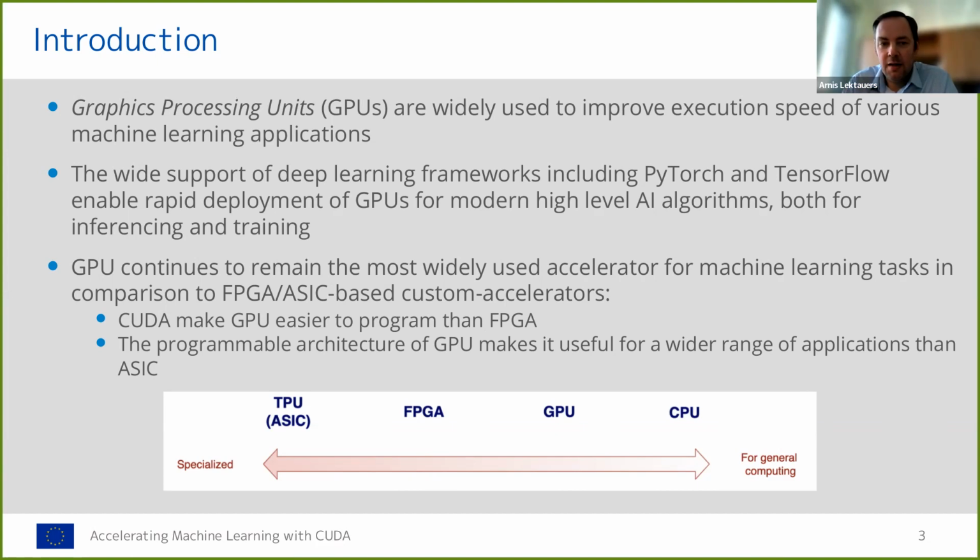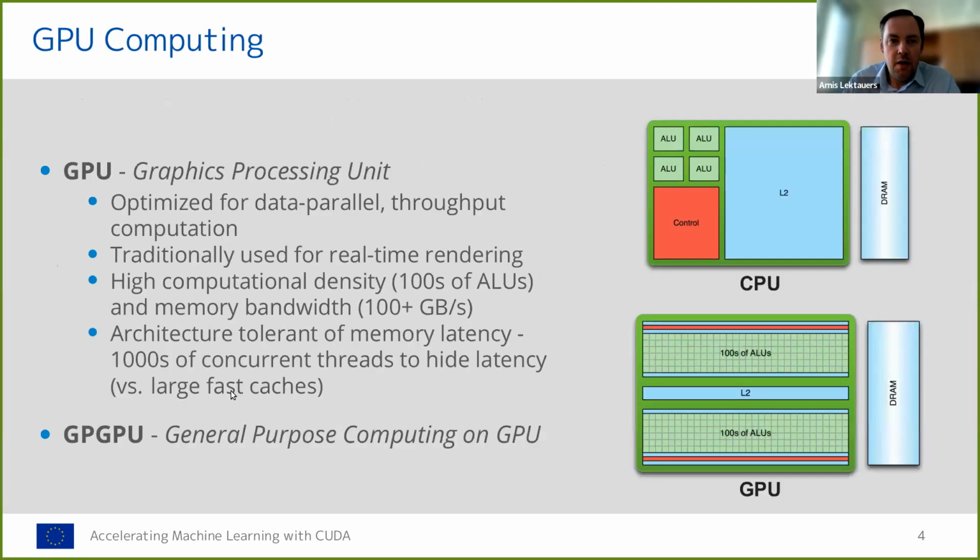But still, GPUs remain the most widely used accelerator technology for machine learning tasks currently, because GPUs are a bit easier to program in comparison to FPGAs, for example. And the programmable architecture of GPUs makes these technologies more useful for a wider range of applications in comparison to more specialized technological solutions.